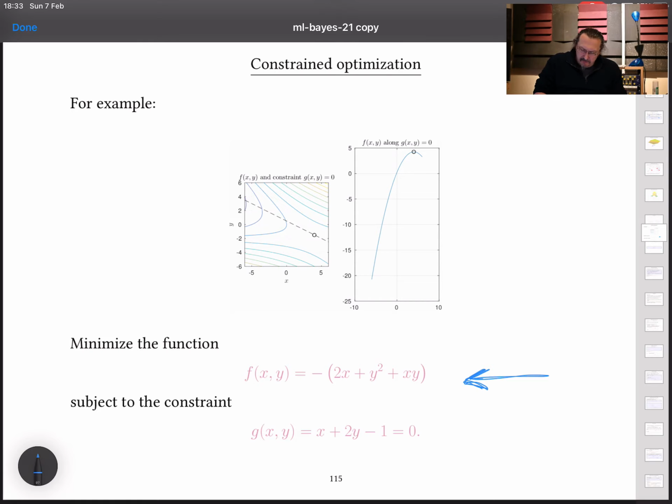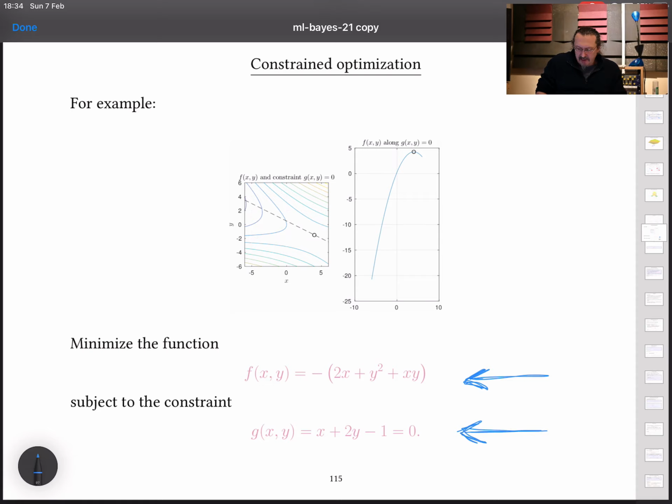So the contours for f of x, y are on the left here, and rather than finding a global maximum for f of x and y over the whole of the xy plane, we're now introducing an inequality constraint.